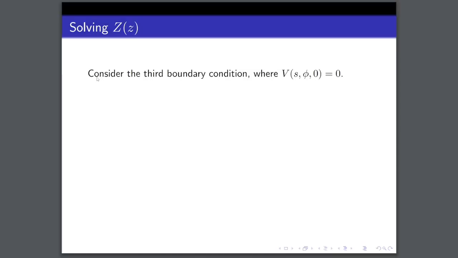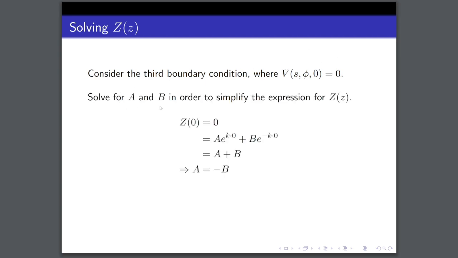And then we can solve for A and B by using our third boundary condition, where our potential at a height of 0 should be 0. We plug in 0 for z, and we know that the potential is 0, so overall this function must be equal to 0. That allows us to solve: A plus B is 0, so A must be the opposite of B.